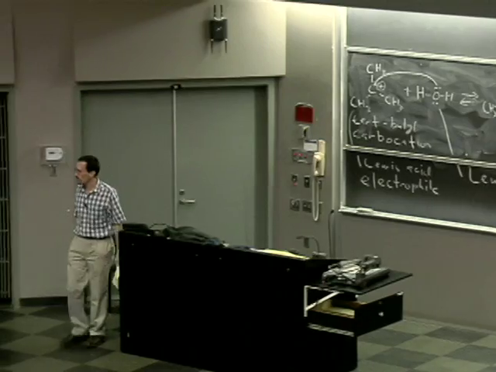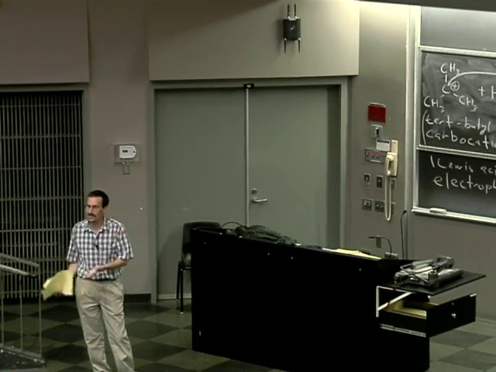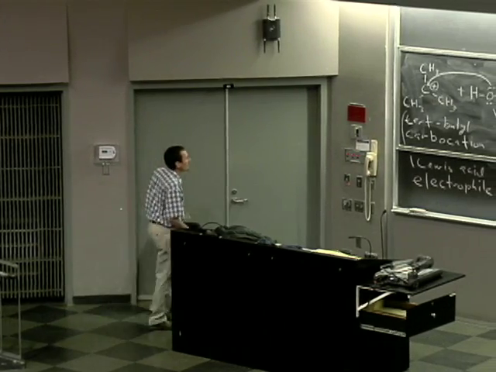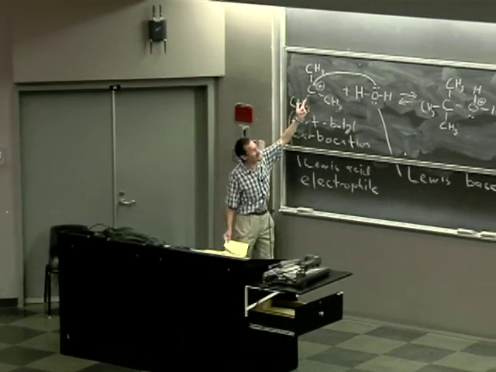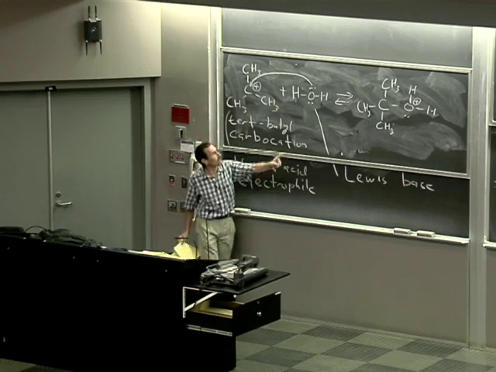Electrophile means something that likes electrons, right? Phile, I think, is Greek. So anyway, very simply, you have a positive charge on the carbon. You have an incomplete octet. It wants electrons.